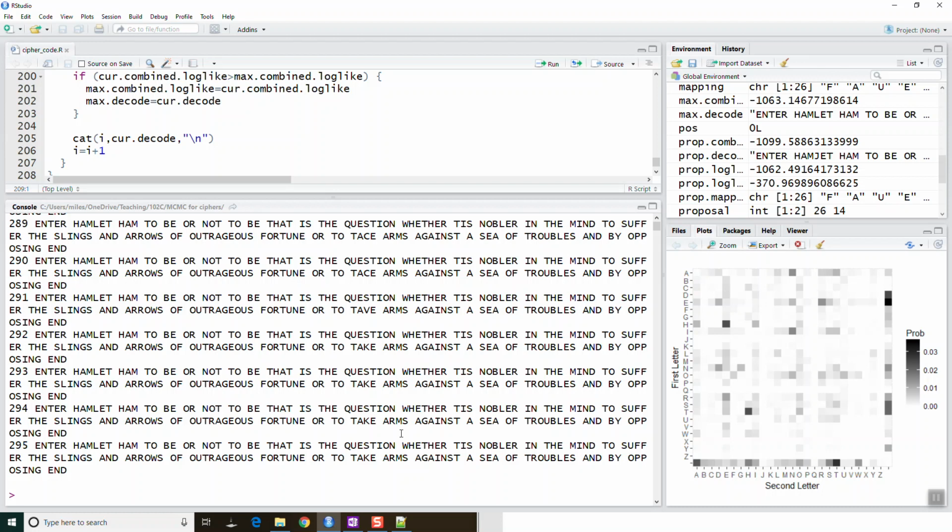But by using the Metropolis algorithm, we're able to draw a sample from this abstract space that exists out there and get proposed mappings that correspond to high probabilities.